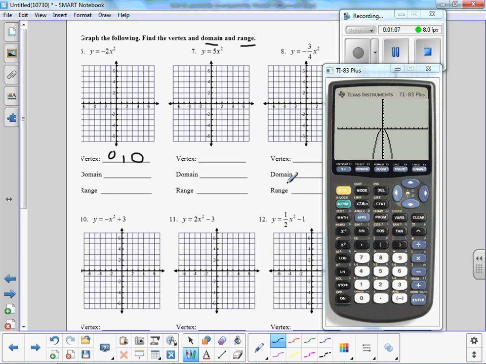Next, what is the domain? What are our x values, or the interval of x values? Whenever you find your x values, and I'll illustrate this more in class, it is where the graph hits the x. And we see it's pointing downward.